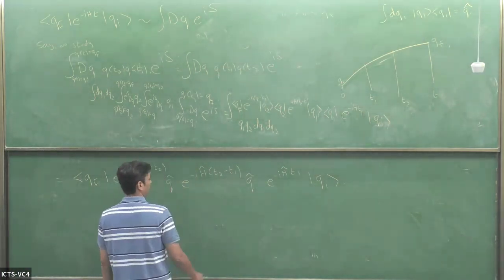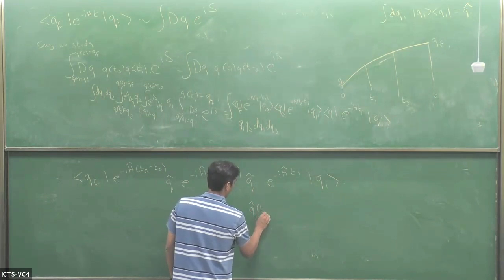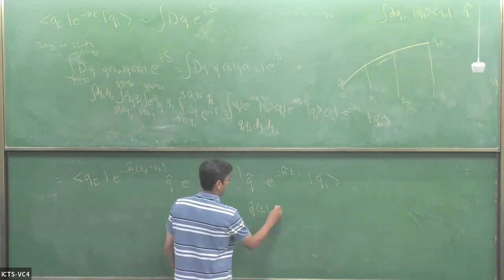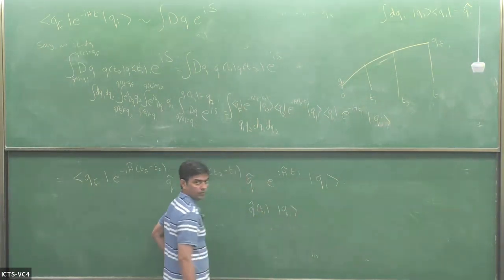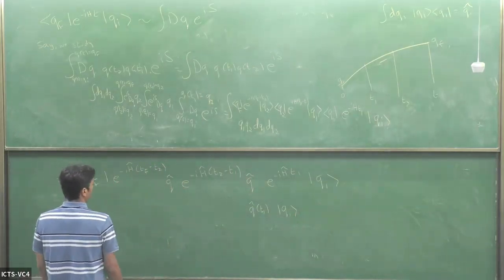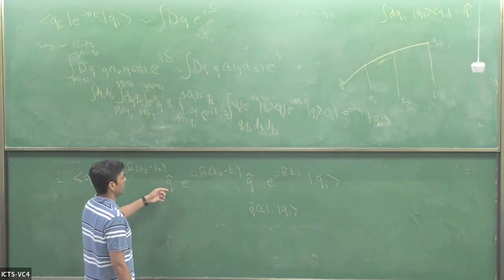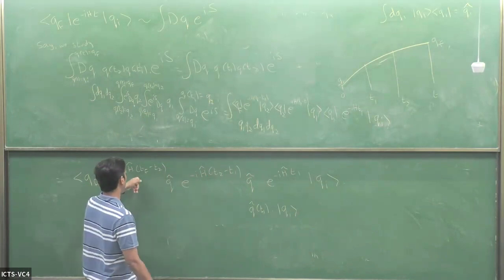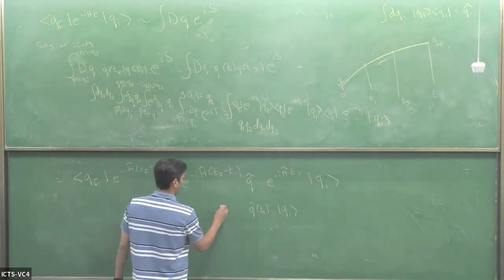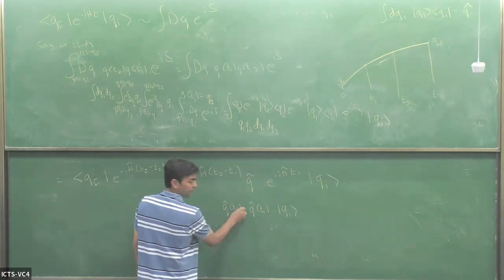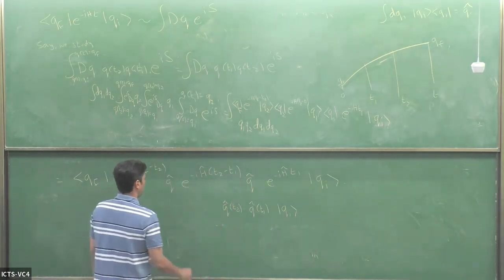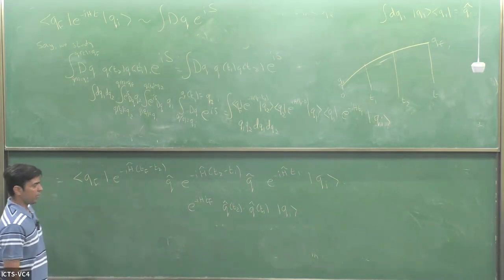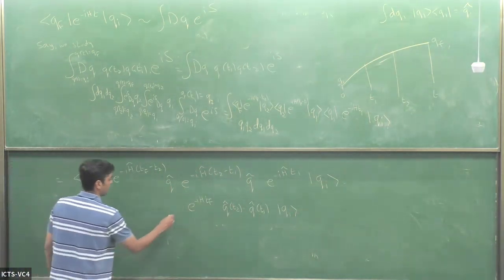What we got here is just q hat of t1, but now written in the Heisenberg representation. This was just a Schrodinger operator. Then qi. What we got here was e to the minus iH hat t2, e to the plus iH hat t2. So we got q hat of t2. Then we got e to the minus iH of tf, and then we got qf.